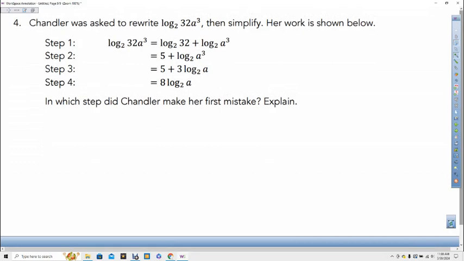All right, number 4. Chandler was asked to rewrite the log base 2 of 32a cubed, then simplify. Her work is shown below. In which step did Chandler make her first mistake?